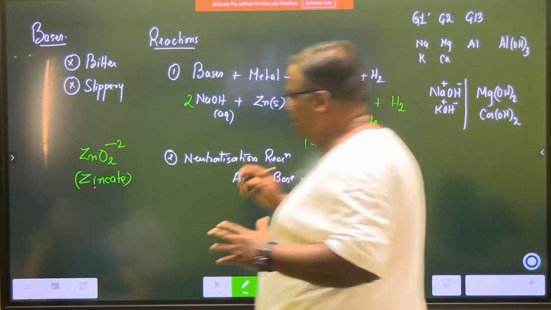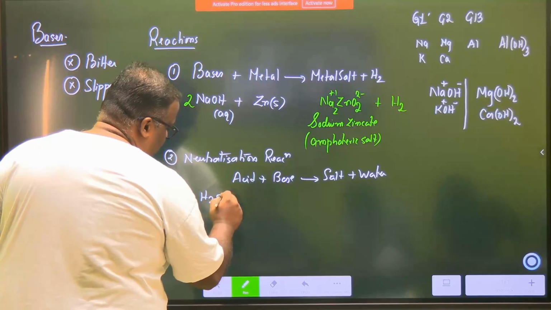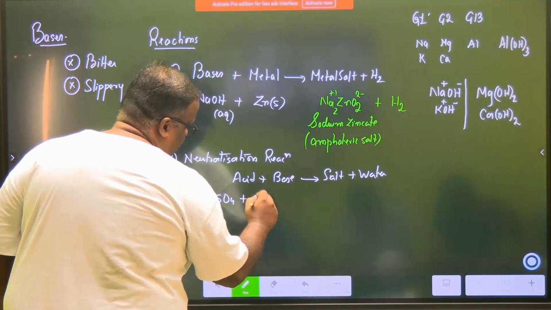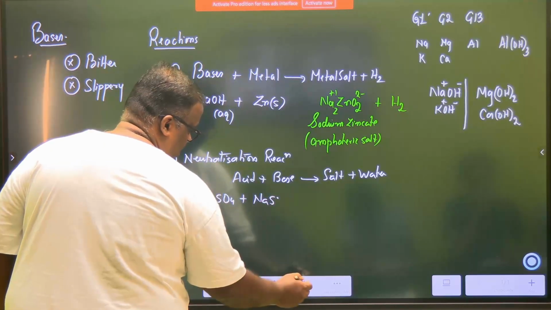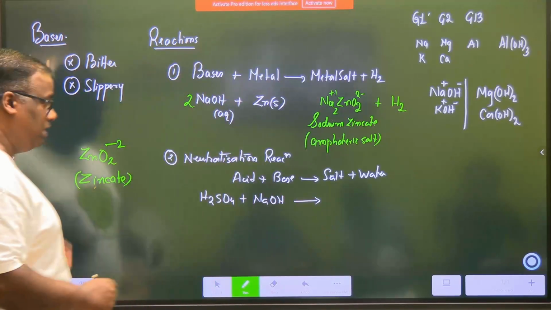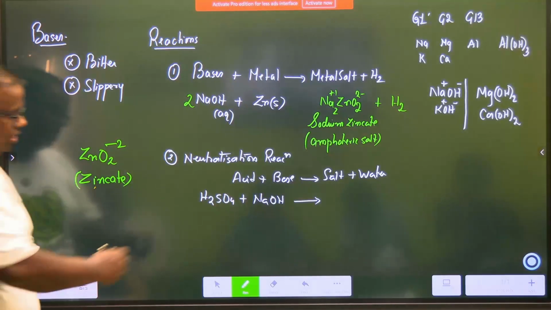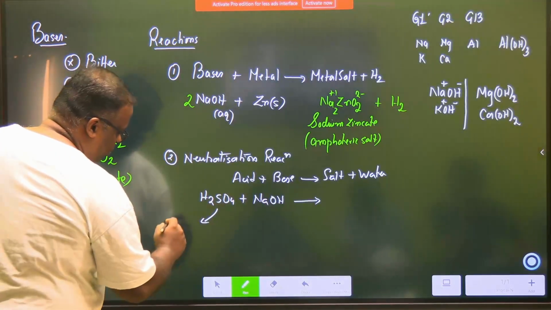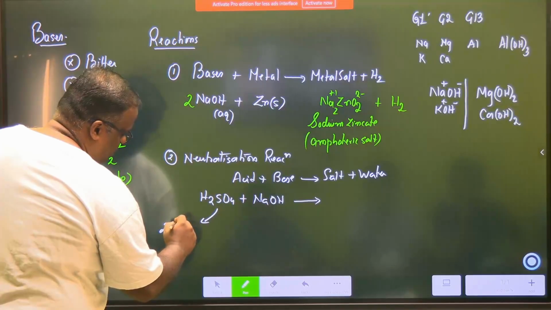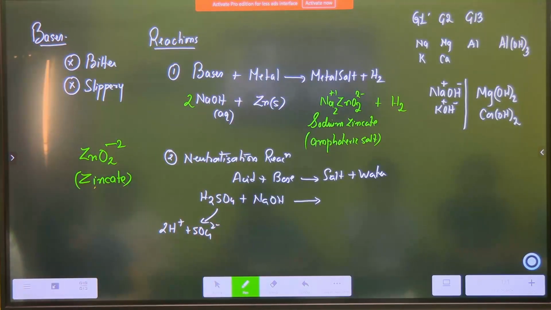Right. So let's see this reaction in our normal way. Let's take an acid like say H2SO4 and let's take a base, say sodium hydroxide. Since we are targeting it from the neutralization reaction, let's see the neutralization. This fellow will split into what? 2H plus and SO4 2 minus. Got it?